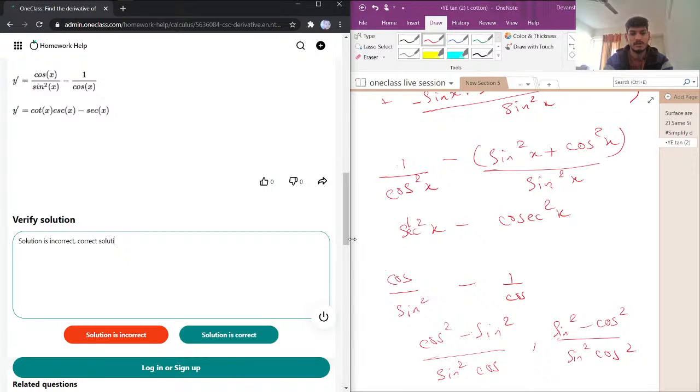Correct solution is secant square x minus cosecant square x, or 1 over cosine square x minus 1 over sine square x.